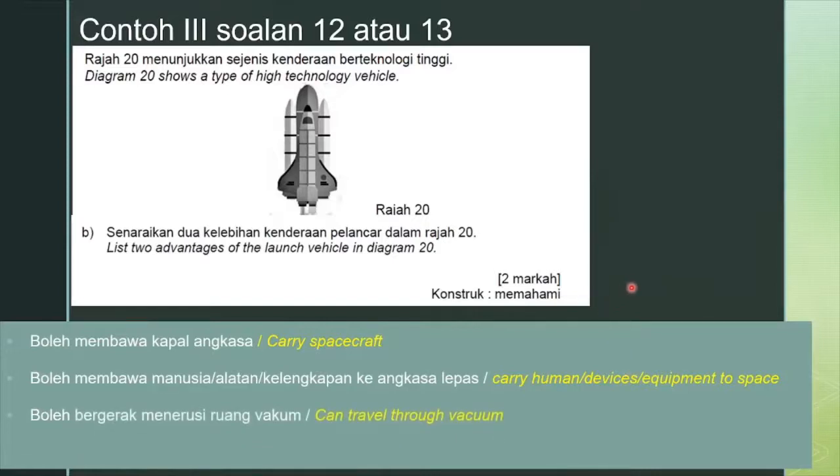Boleh bergerak menerusi ruang vakum, can travel through vacuum. Boleh diguna semula, reusable. Ya, pilih mana-mana dua. You can choose either two of the advantages here. Ya, sebab dia memberi dua markah.